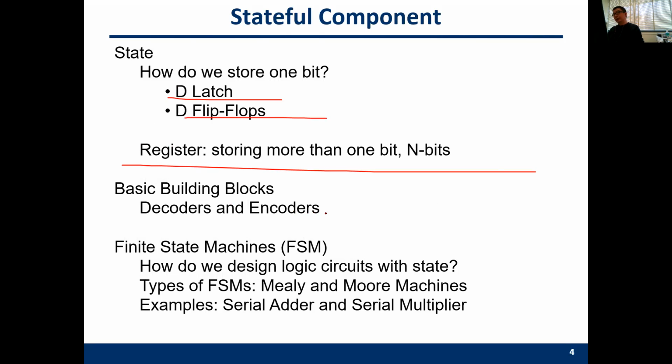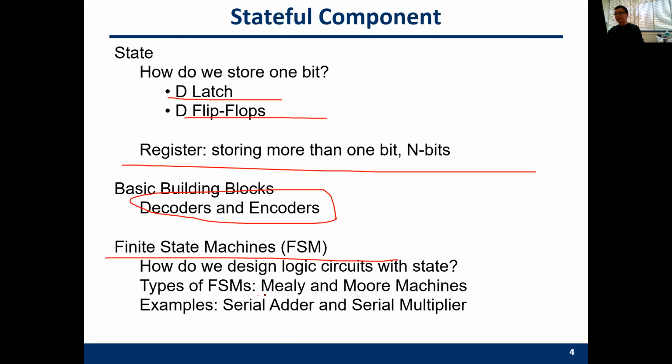And then we also need a decoder and an encoder to support these registers. Eventually, we can have a so-called finite state machine, with which we can design logic circuits with some states.